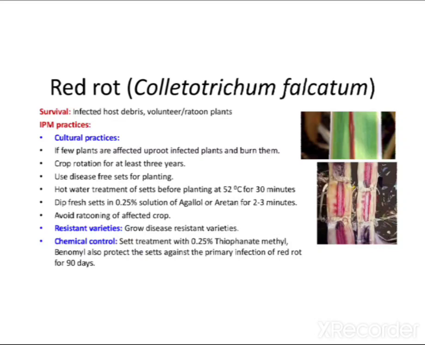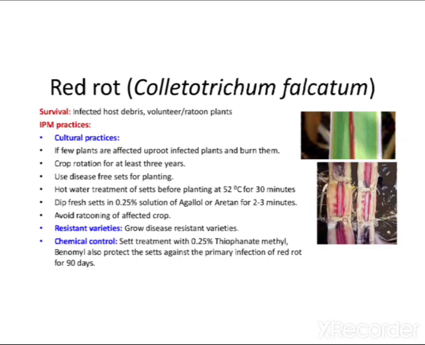Crop rotation is very important in the management of this particular disease, where we should go for at least 3 years of crop rotation with a non-host plant. Similarly, use of disease free sets for planting is also very important, because the pathogen harbors in infected host debris.